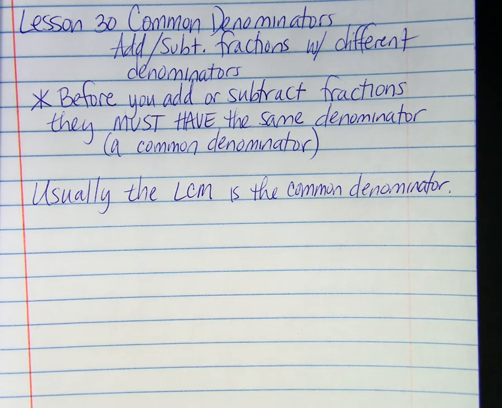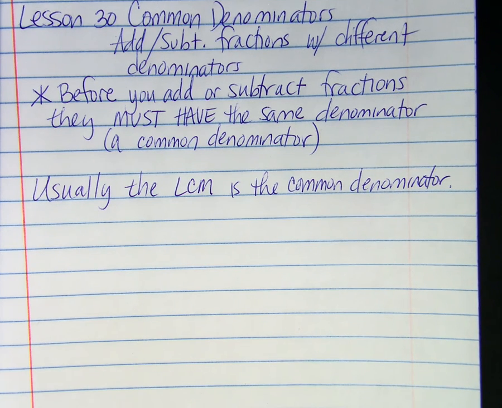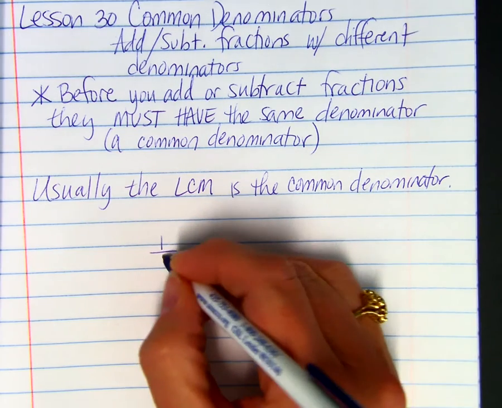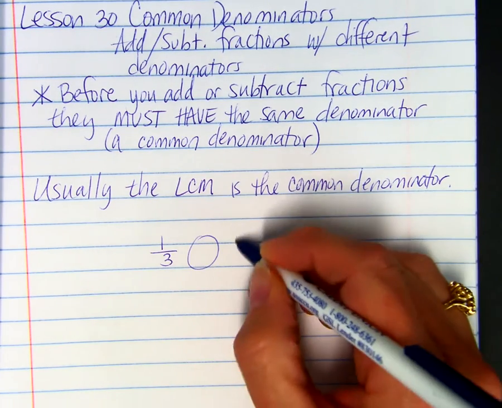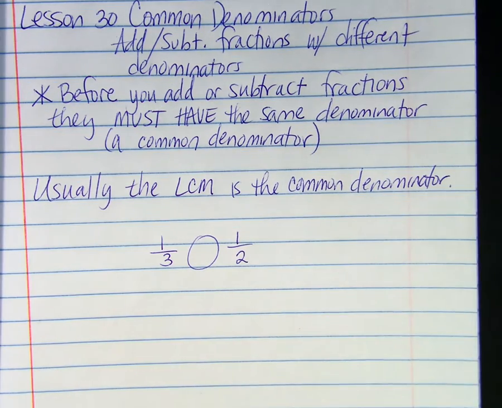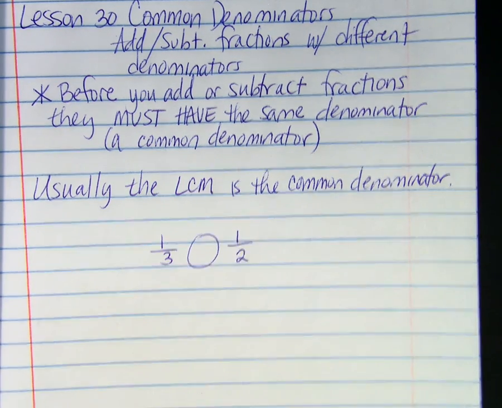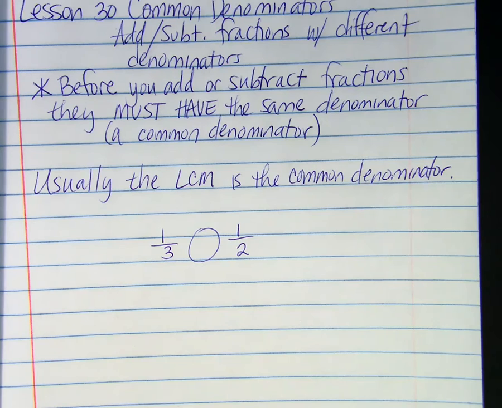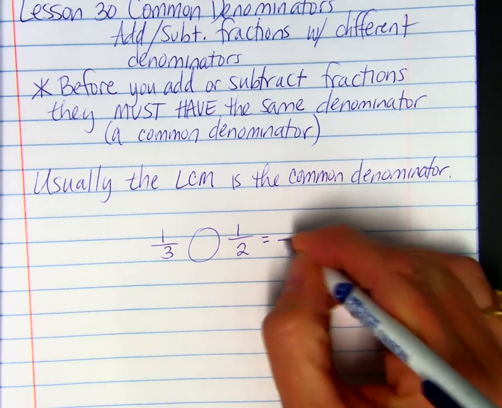So when we write fractions with the common denominator, it helps us to be able to compare them. So if I wanted to compare 1/3 and 1/2, the least common multiple of 3 and 2. So if you count by threes, 3, 6, 9, 12, 6 would be the one that 2 could go into.